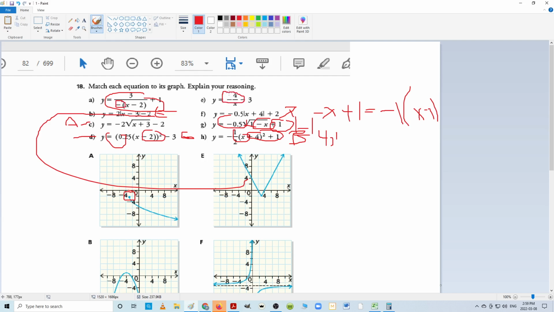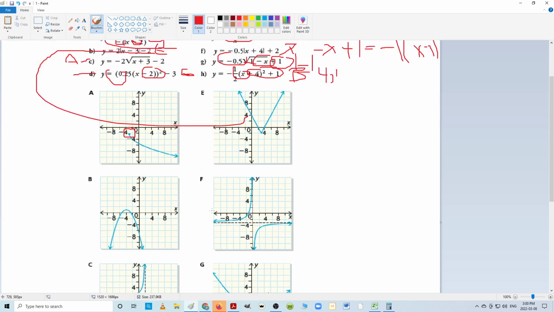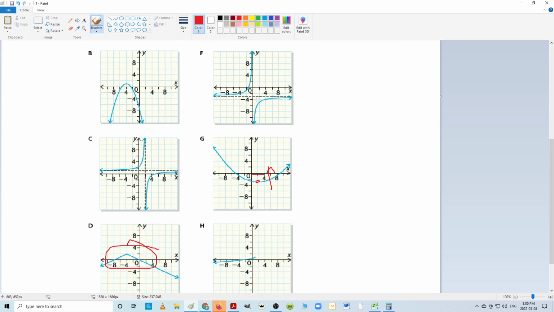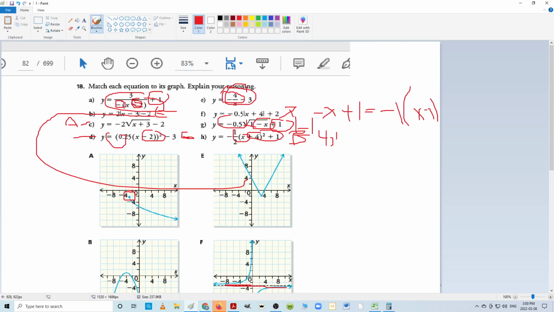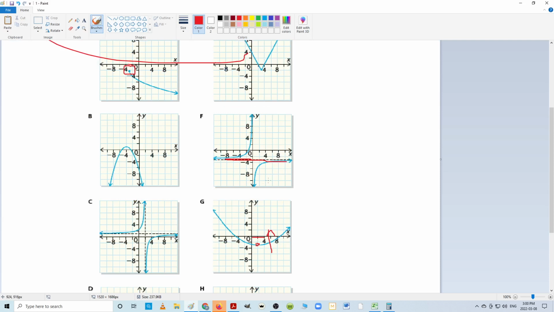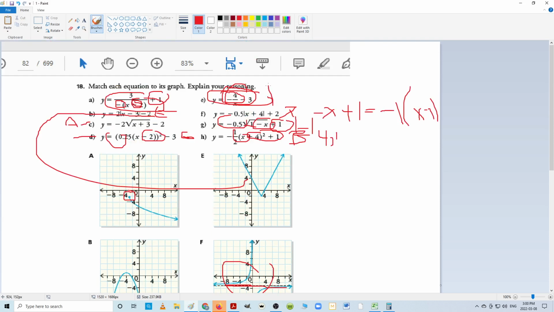And this creates a reflection in the x-axis, so they'll both look the same in terms of reflection. But this one has an asymptote at x is equal to 2 and y is equal to 1. And this one only has a y is equal to minus 3. So right there, there's the y is equal to minus 3. So this one, E, belongs to graph F.